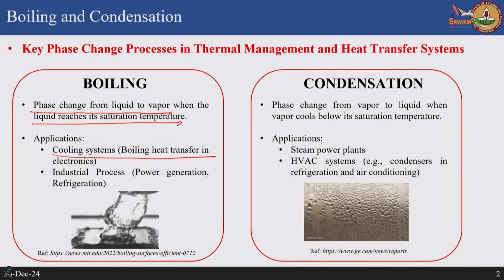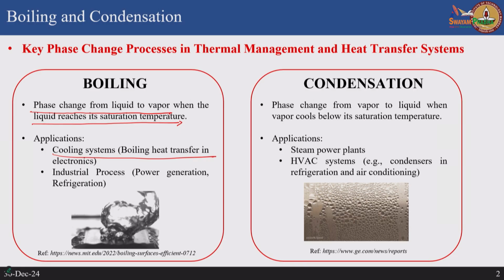So, even pool boiling is not actually a convective process in the sense that you are not causing any bulk motion of the fluid, but you have natural convection and then you have this boiling phenomena. Even there you have a very significant improvement in the heat transfer coefficient of boiling.